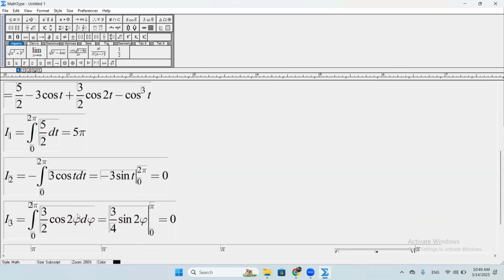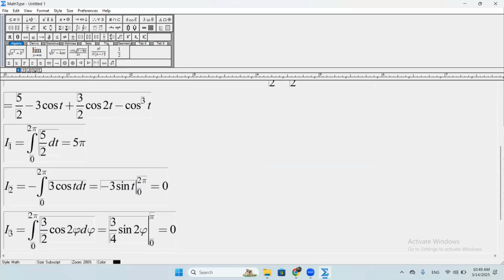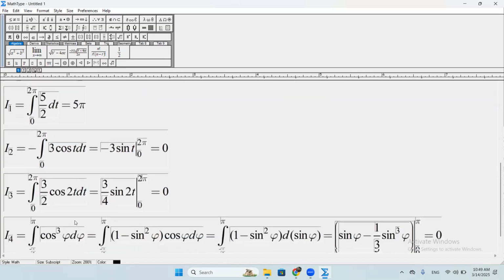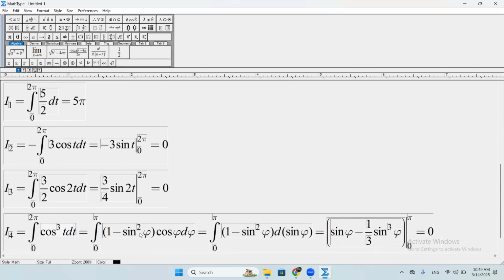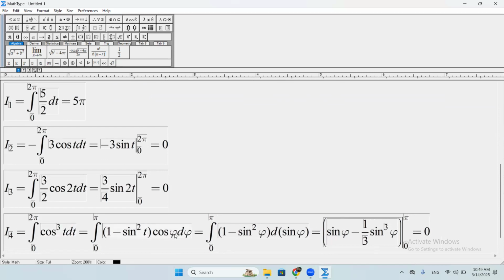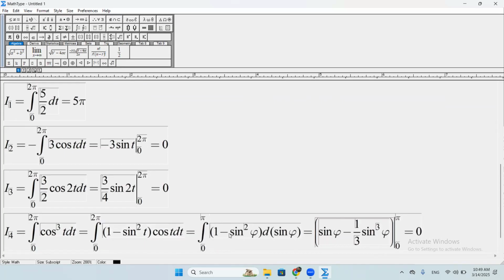So I3, the integral of 3 over 2 cosine of 2t dt, is again 0. So everything is analogous. That's why I didn't want to erase these calculations.